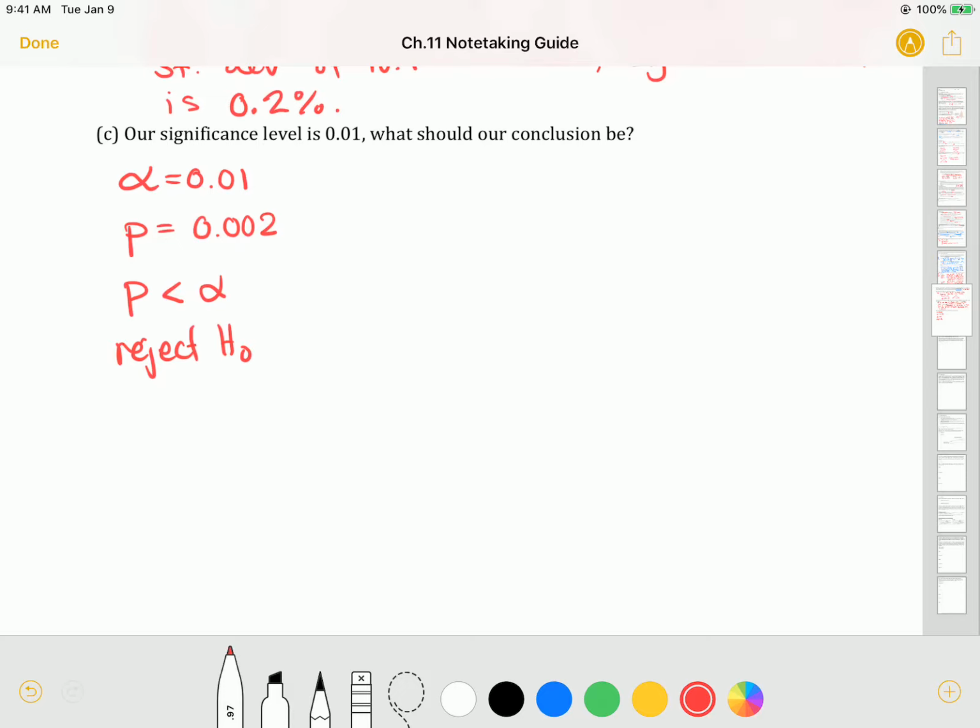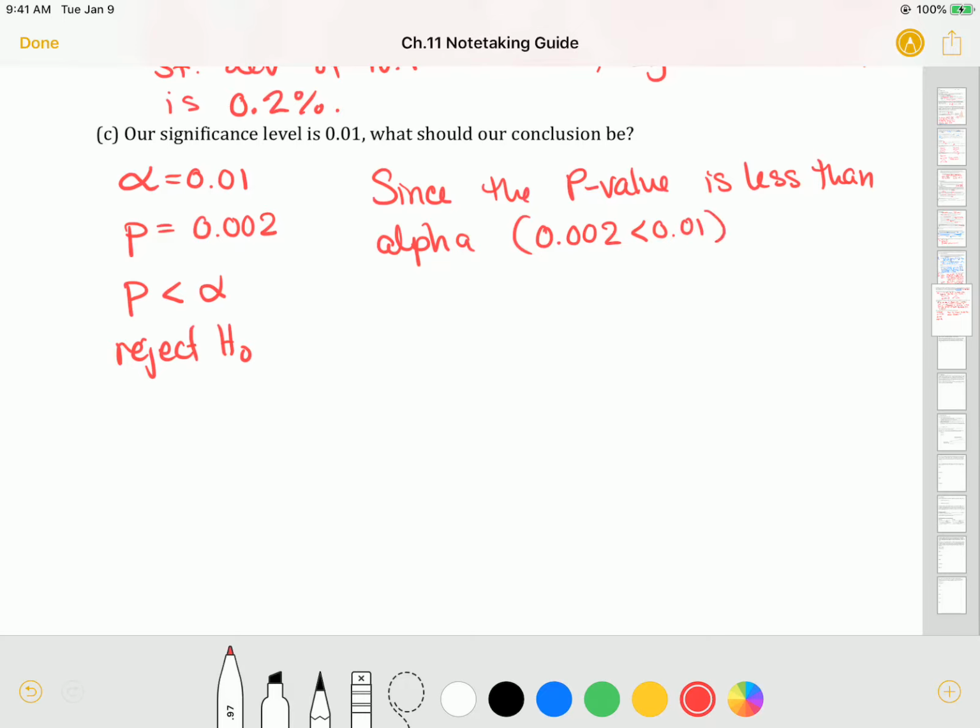Okay, so we're going to write up our conclusion. We're going to say, since the p-value is less than alpha, and we're going to give our evidence by being specific, we're going to say p-value 0.002 is less than 0.01, and then our conclusion, we reject H0.